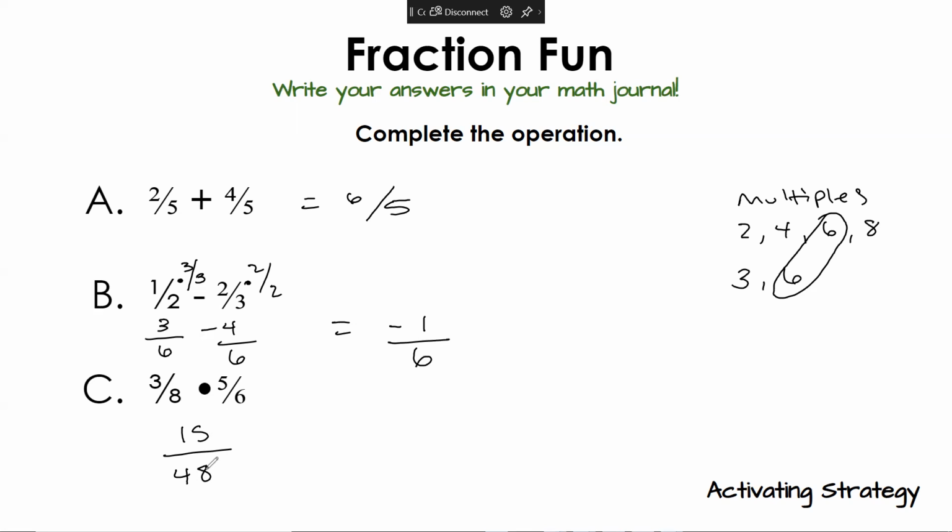No. Okay, is there a smaller number that we can take out? 3 can be in from the top and the bottom, right? What's 15 divided by 3? Okay, and then what's 48 divided by 3? Ta-da! So when you're multiplying fractions, you're just going to multiply straight across and then simplify.